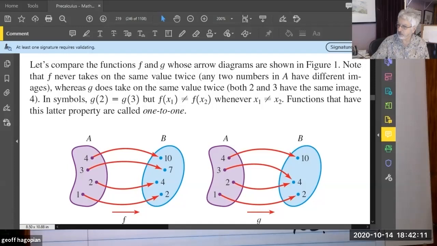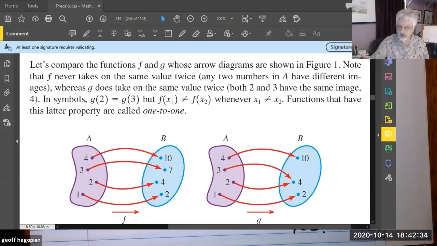Also, for each output, there's exactly one input that produces that output. Both of those things have to be true. Actually, to be a function, for each input there can be at most one output. But for a one-to-one function, for each output there's only one input that can produce that output. So there's a one-to-one map between input and output.